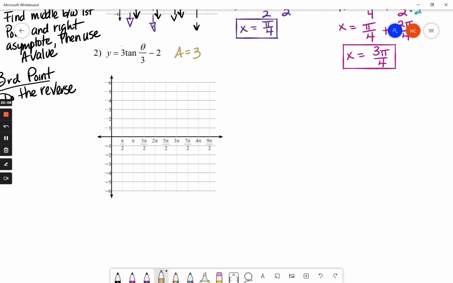So we use that as our gauge. Our formula, bx equals pi over 2. Our b in this problem was 1/3. So I'm going to put 1/3 x equals pi over 2. I need to divide both sides by 1/3 so that I can isolate my x.